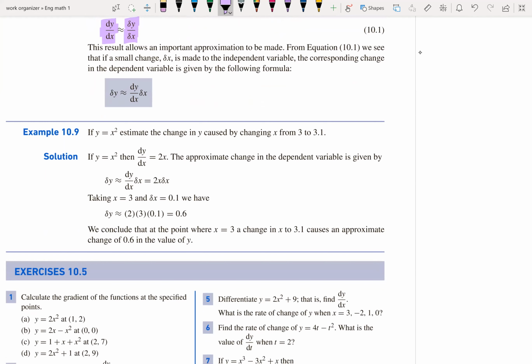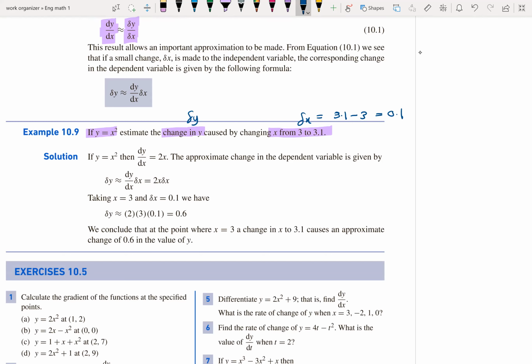This is the function given: y equal to x squared. We have to estimate the change in y caused by changing x from 3 to 3.1. So this question asks to find delta y, and we can see that delta x is equal to 3.1 minus 3, so it is 0.1.